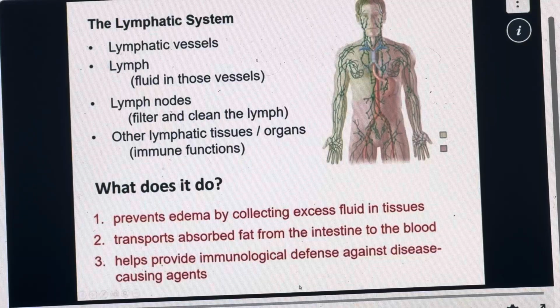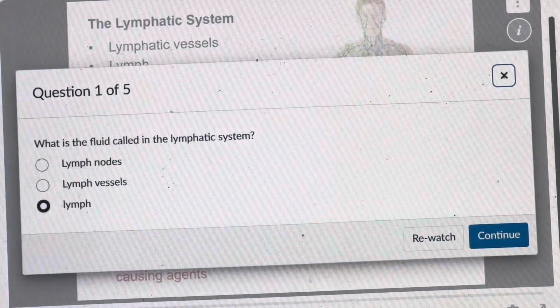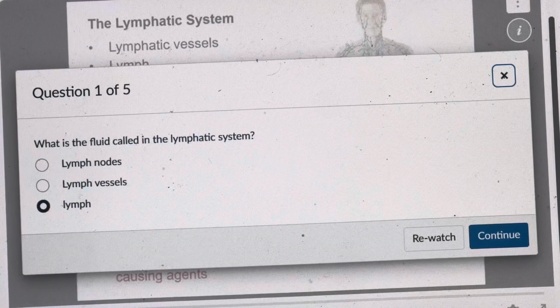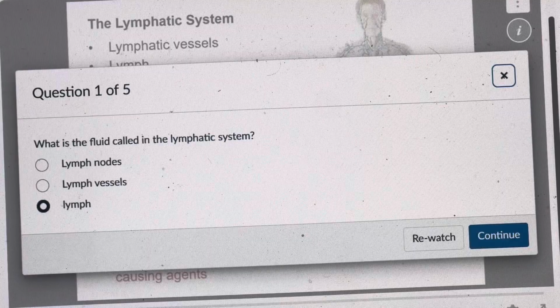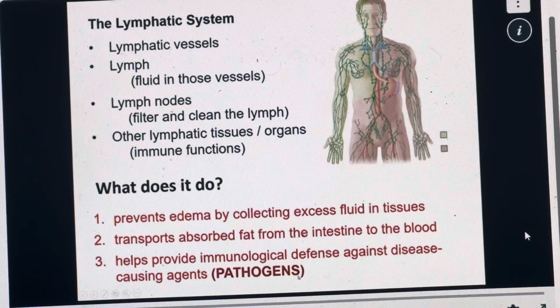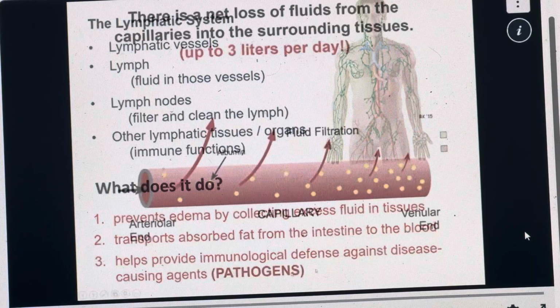And finally, the lymphatic system plays a major role in immunity or immunological defense and helps defend the body against disease-causing agents. And we refer to basically any disease-causing agent, it could be bacteria, viruses, what have you, as pathogens.